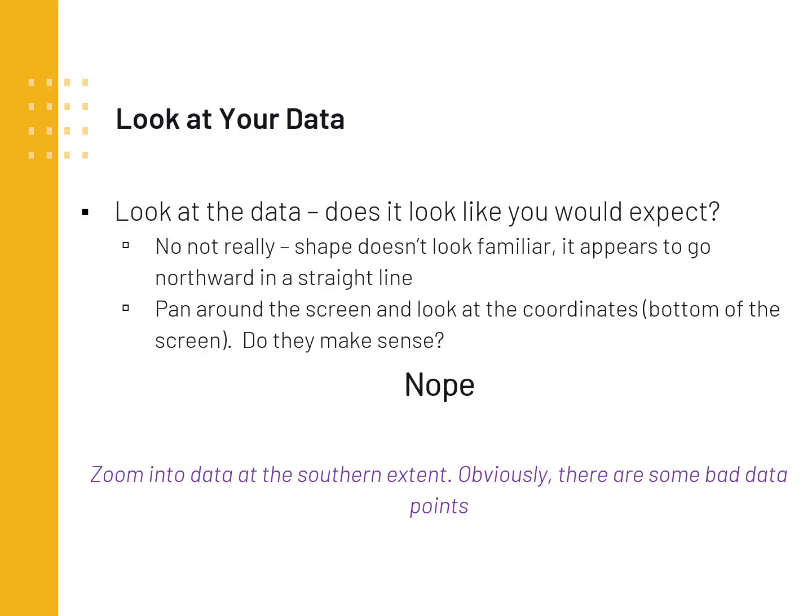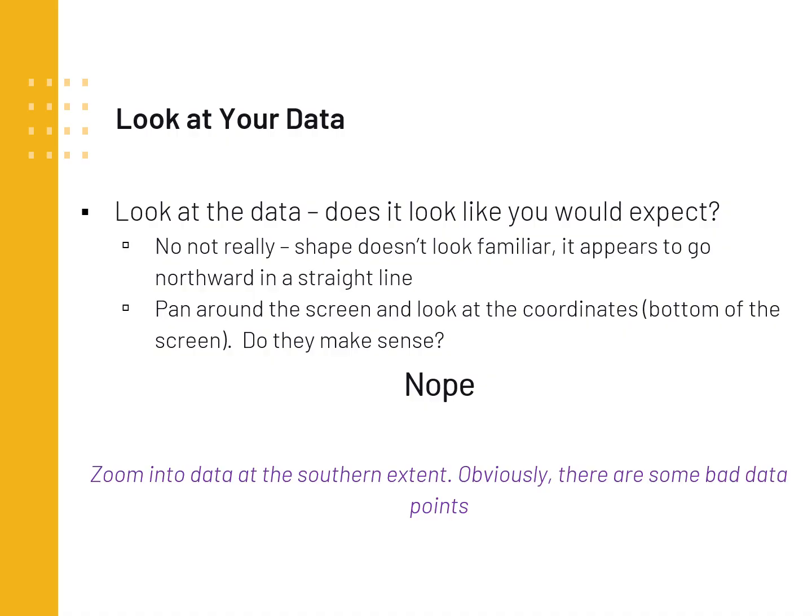So take a look at the data that you're seeing on your screen. Does it look like you'd expect it to? Not really. The shape doesn't look familiar. It appears to go northward in a straight line. So what I'd like you to do is pan around the screen and then look at the coordinates at the bottom of the screen. Do they make sense? Remember, the maximum latitude that you can go is 90 degrees north.